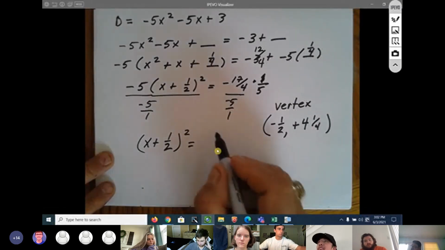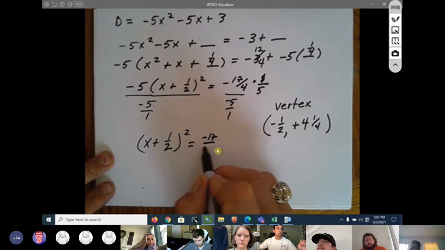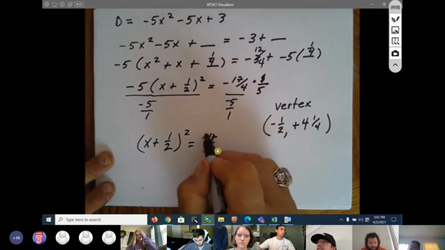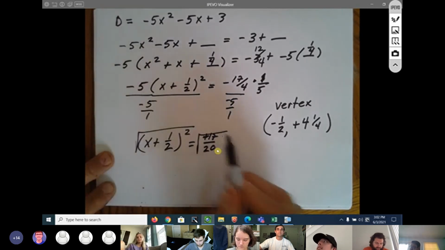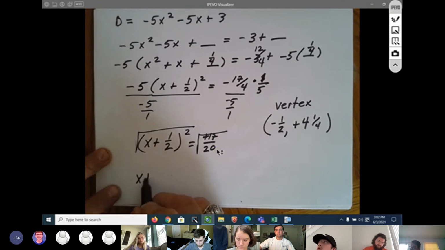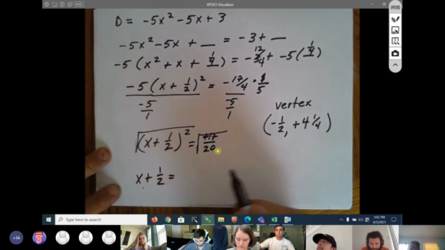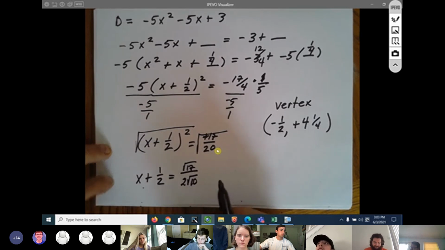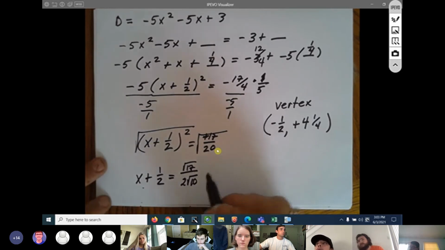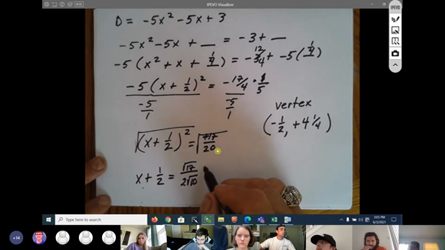It'd be positive 17 over 20 because of the negatives. Well, that sucks. Take the square root of both sides, and that's going to be x plus 1/2 is equal to the square root of 17 over 2 square root of 10, plus 1/2 or minus 1/2.